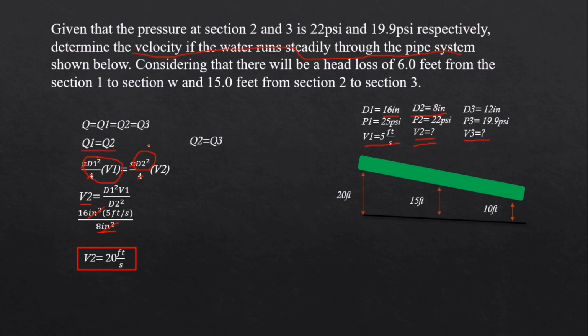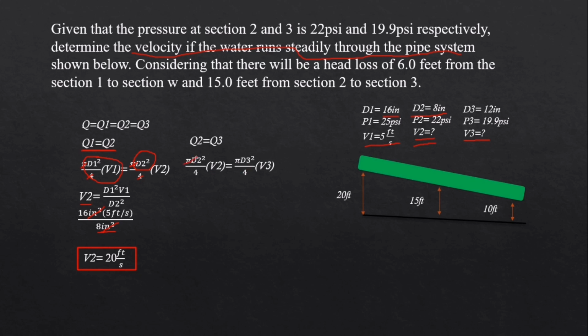Same situation as Q1 over Q2. Q is equal to AV, then therefore pi d2 squared over 4 times the velocity in section 2 is equal to pi d3 squared over 4 times the velocity in section 3.